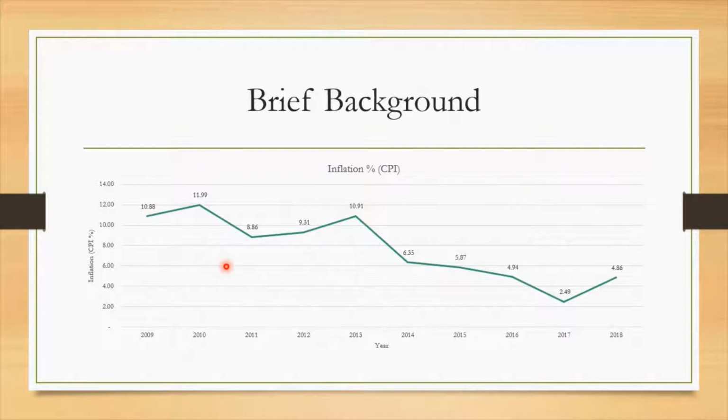Just note that the Indian economy has been a very high inflation economy over the years, which has come substantially down now since the beginning of 2014. Now, this is a very important indicator as to what is happening in the Indian economy.